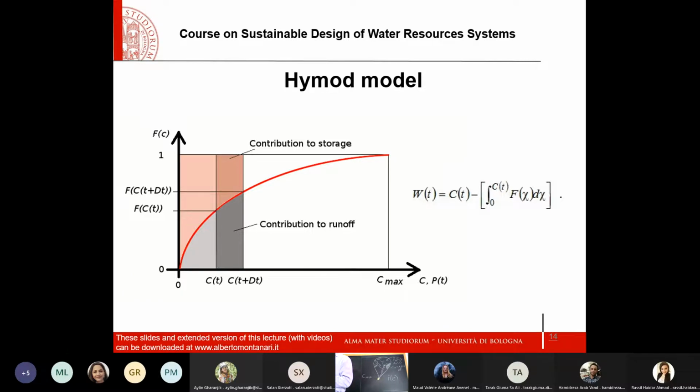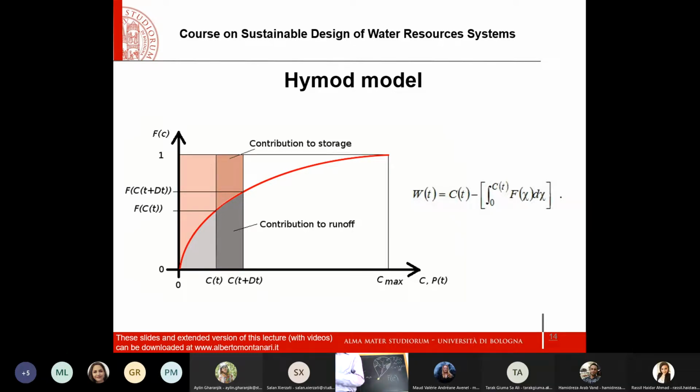Very good. Now let's move to time t plus dt. And let's try to understand what happens during that time in physical terms. I have C(t) that is progressing because I have some rain. It's progressing to the value C(t+dt).